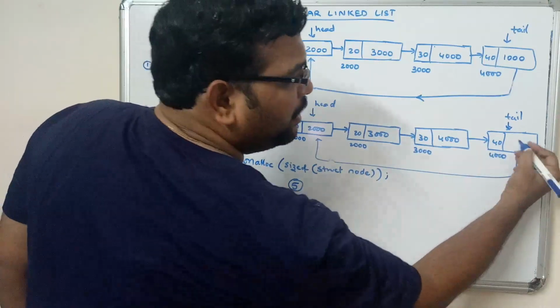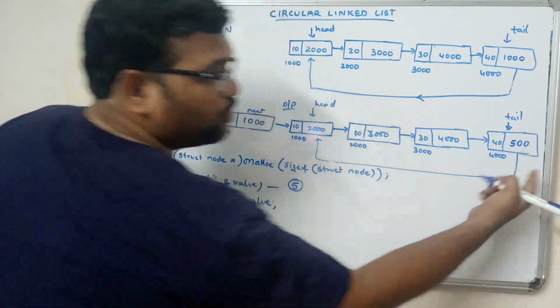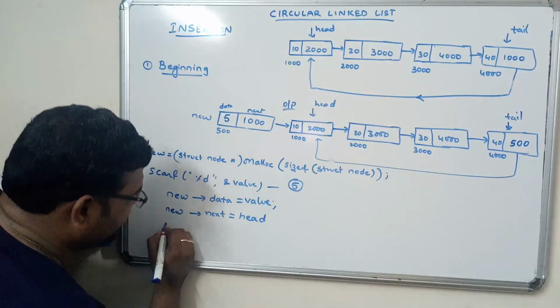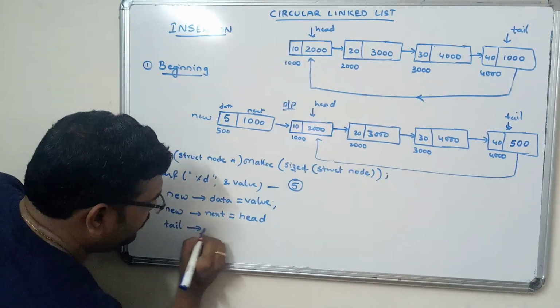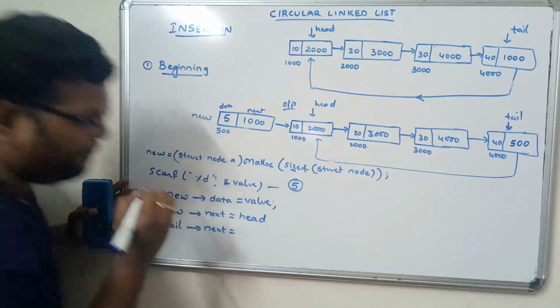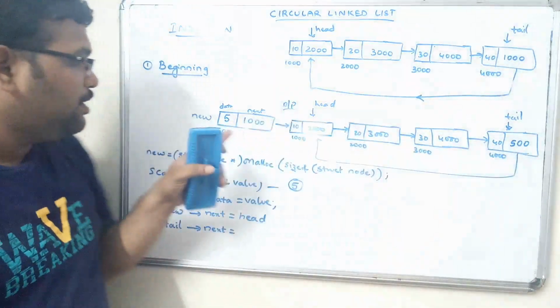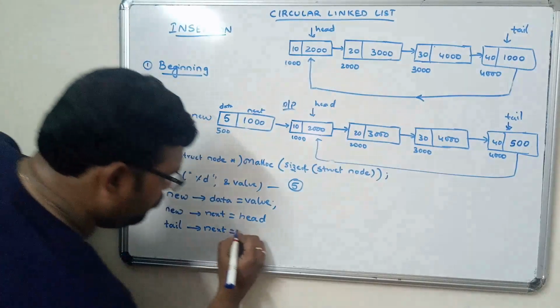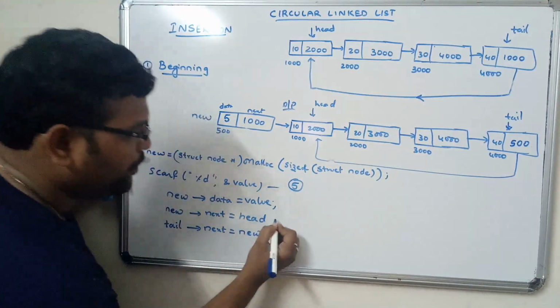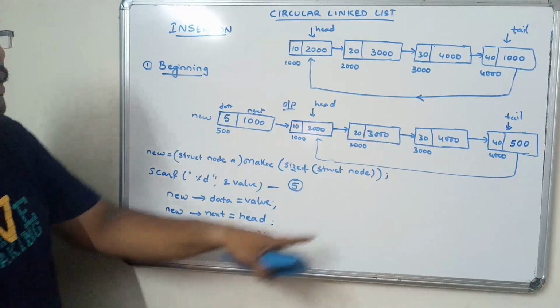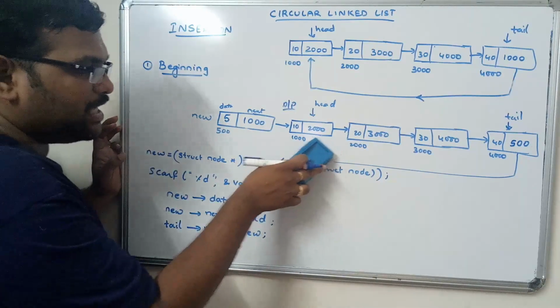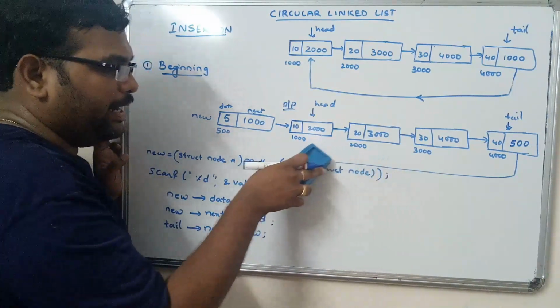Here it should be 500. So how will it be? Tail of next is equal to, what is this? 500, new, the address of new. So a link will be established from the ending node to this one.